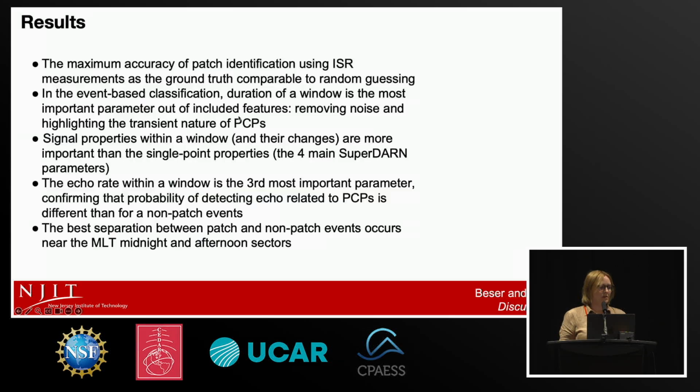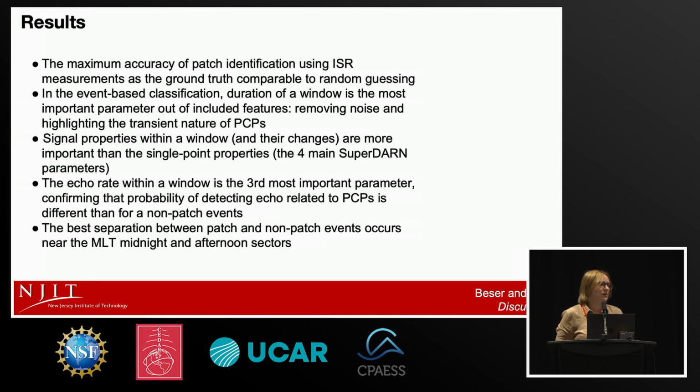So the question is now basically how good is our definition, and how well is our automatic patch detection algorithm working on the RISR data. So the results, to summarize: the maximum accuracy of patch identification using ISR measurements as the ground truth is basically comparable to random guessing at this point.